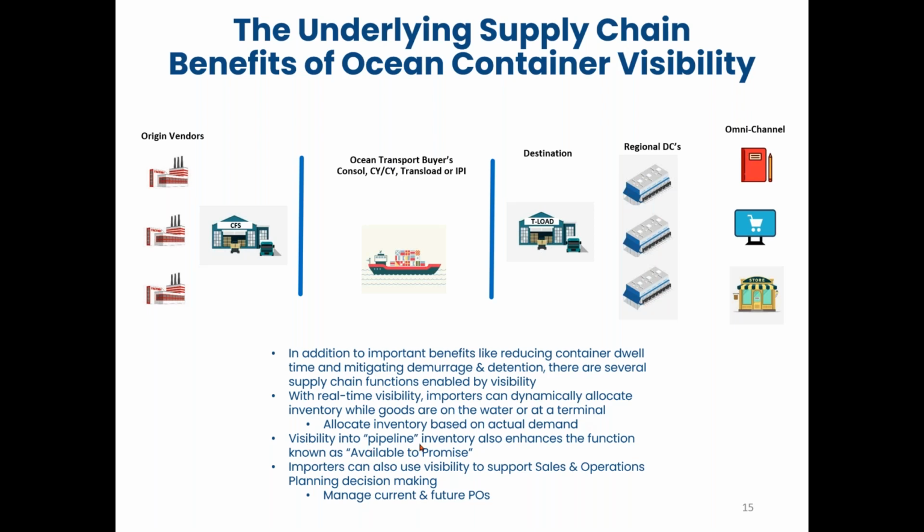Here's another one. Visibility into pipeline inventory, meaning stuff that's somewhere on its way coming into the United States. That's what we mean by pipeline inventory. It also enhances a function known as available to promise.